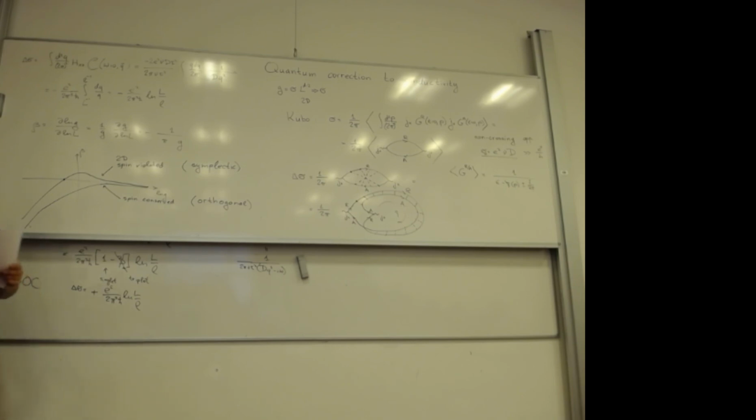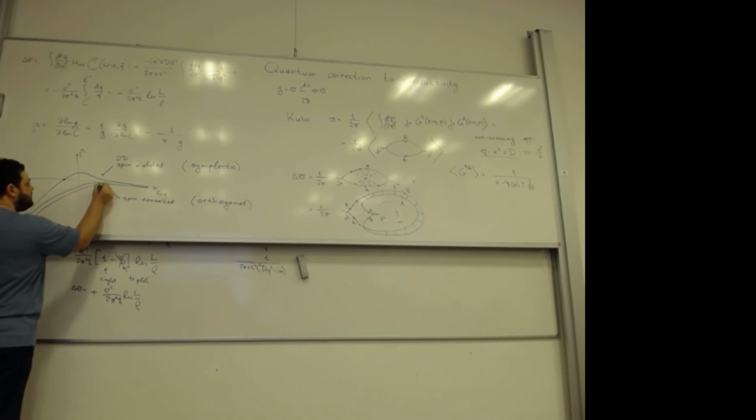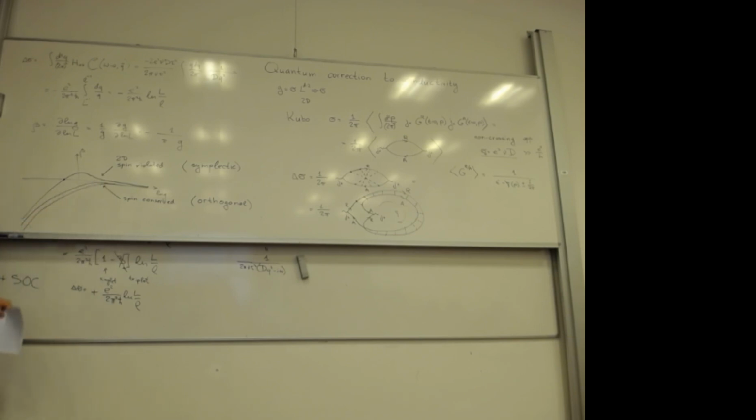But if you compute the next order correction, for some more complicated diagram, you will find that the correction is non-zero. It's much smaller, but it is still negative. So there is a third situation in between these two, which also approaches zero from below, but comes closer to zero. So the correction is smaller.